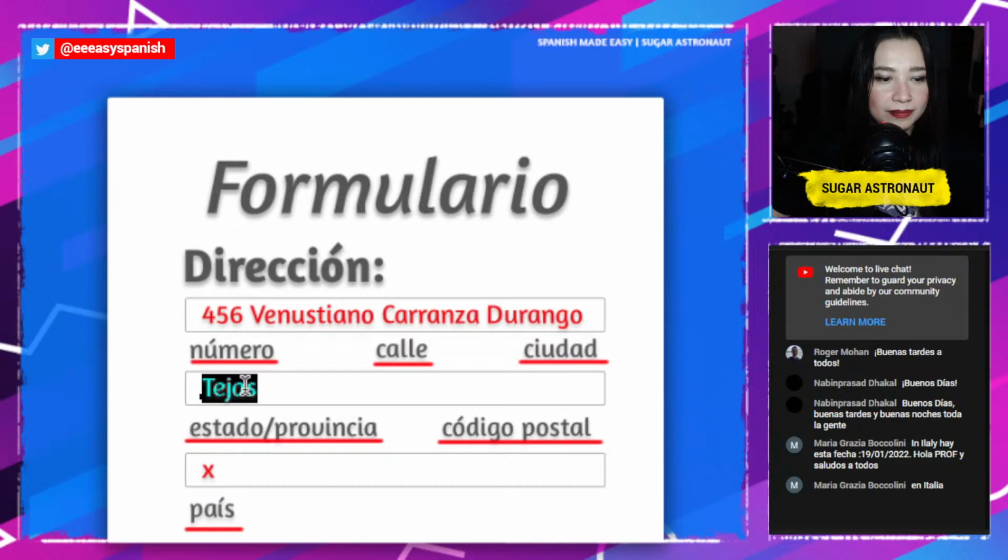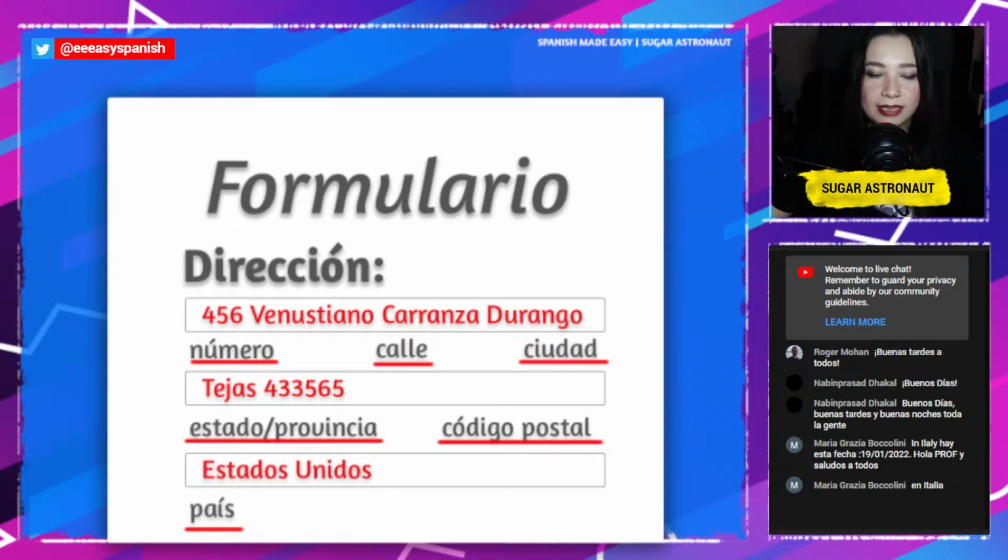And then the postal code, whatever number, right? And then the country, let's put Estados Unidos. Okay, so that's America, United States, Estados Unidos. You can just leave it like that. That's perfectly fine.